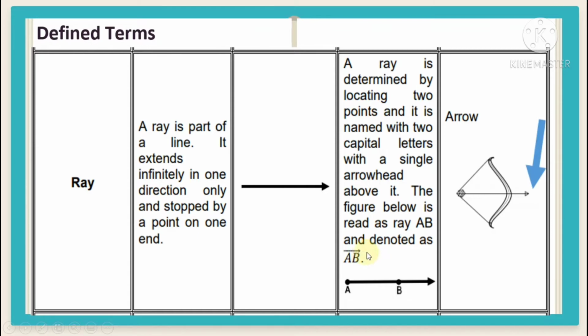The figure is read as ray AB and denoted with an arrowhead above AB. Ray AB. An arrow is an example of a ray.